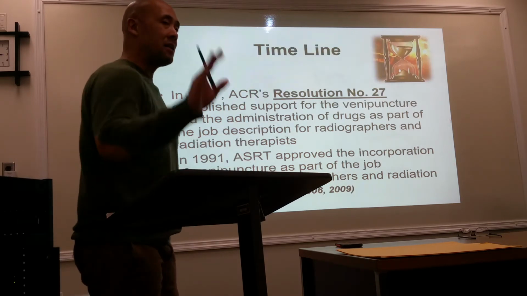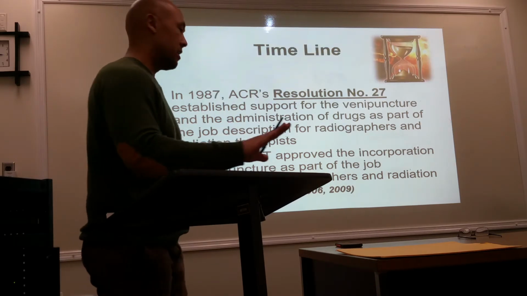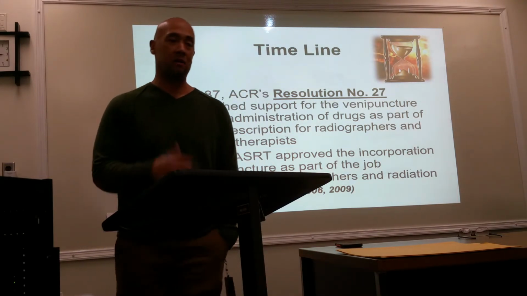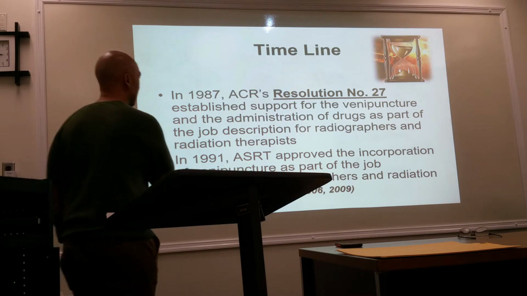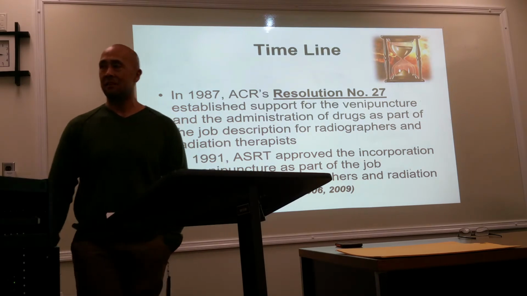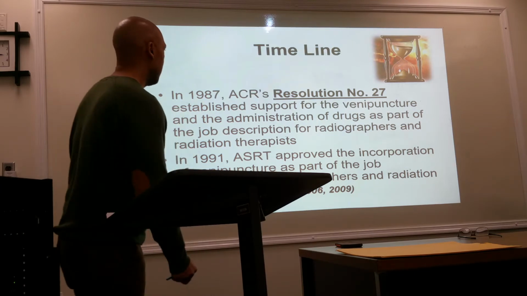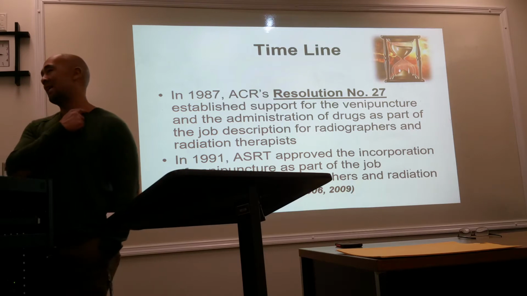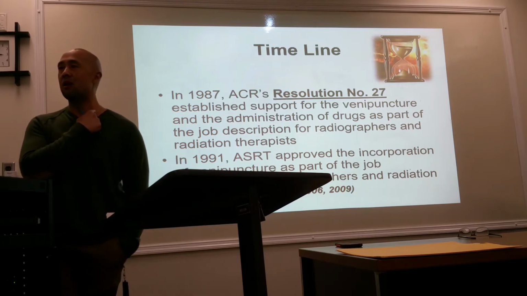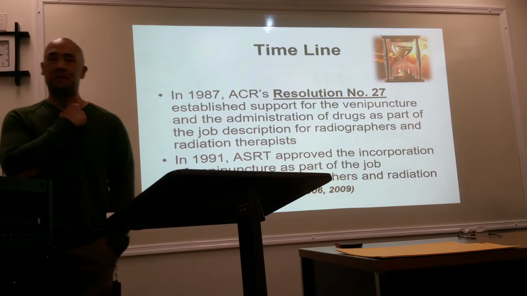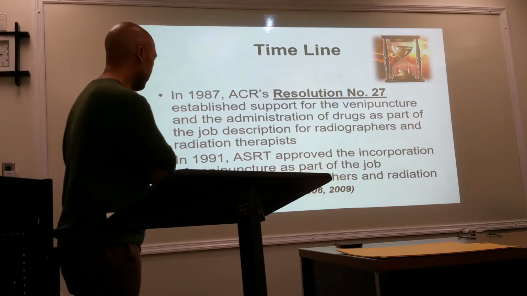So how did this come about that venipuncture for the administration of contrast media fell into our scope of practice? So here's the timeline. The ACR, the American College of Radiology, in 1987, resolution number 27, established support for the venipuncture and administration of drugs as part of the job description for radiographers and radiation therapists. So this is back in 1987.